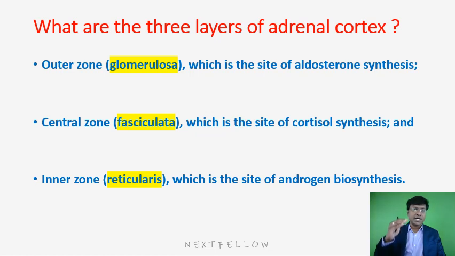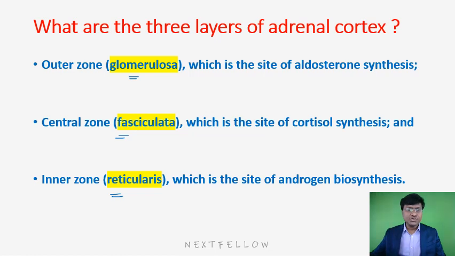If you take from outer side to inner side, the outermost layer will be zona glomerulosa, the middle layer will be the zona fasciculata, and the innermost layer will be the zona reticularis. So glomerulosa, fasciculata, and then reticularis.